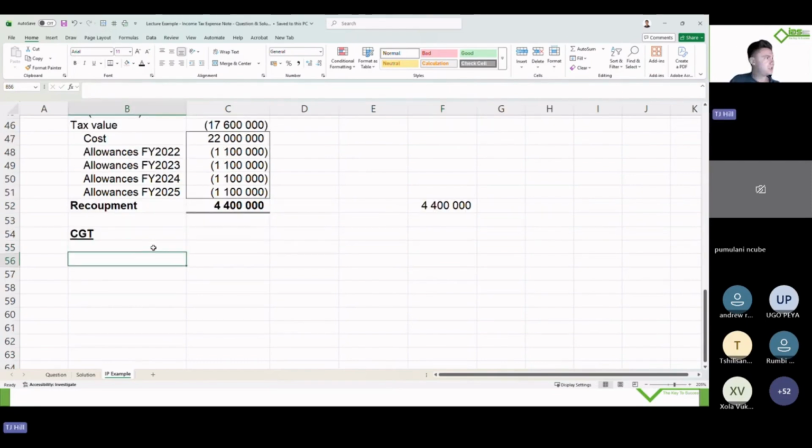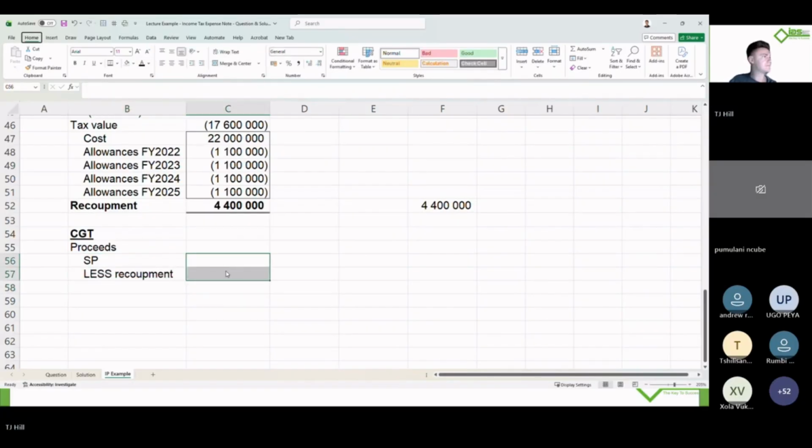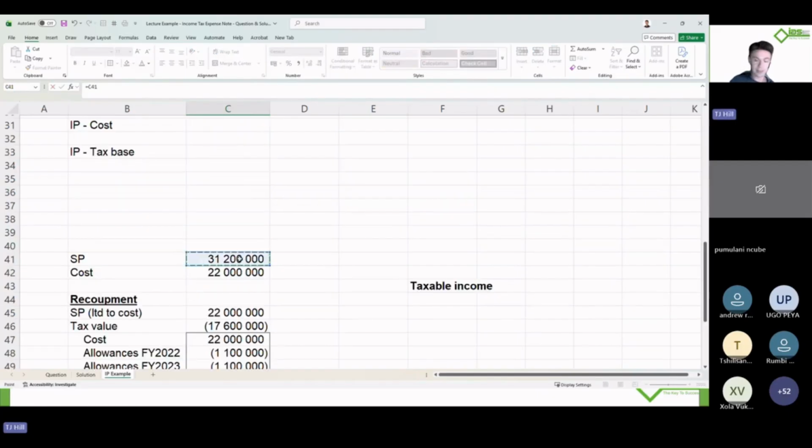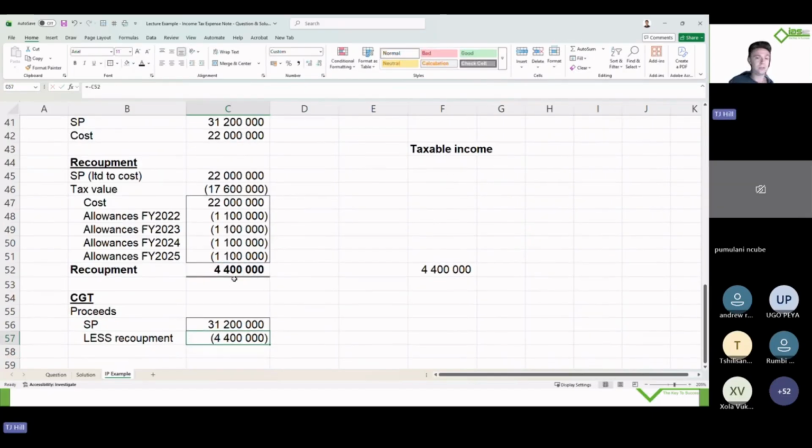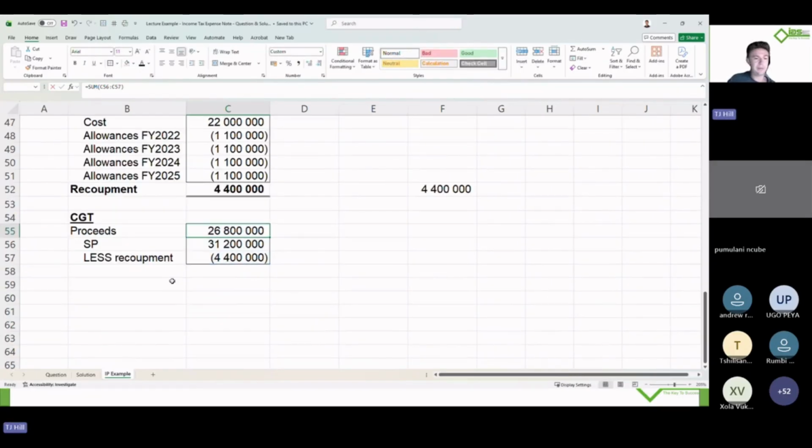Great. Now CGT is proceeds less base cost. Do you agree? Proceeds is your selling price less your recoupment. You agree? Selling price less my recoupment. Do you agree? You will do CGT in detail too. But you are happy? Okay.